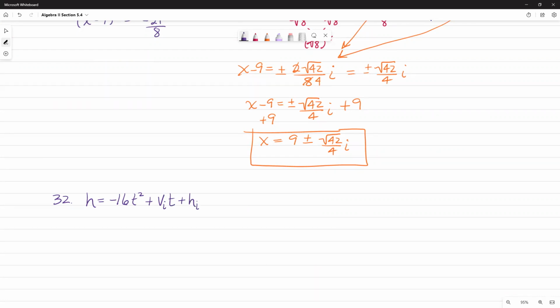Determine the time it takes for an object to fall from each height. The height that they gave us for 32 is 9,200 feet. Assume no initial vertical velocity and negligible air resistance. Use a calculator and round answers to the nearest tenth of a second. Okay, calculator.